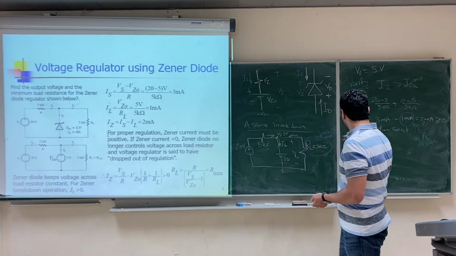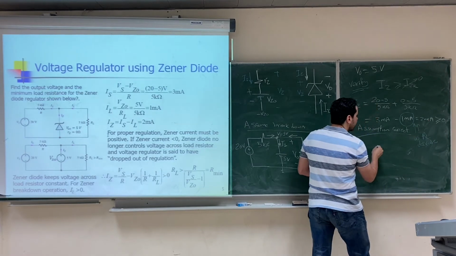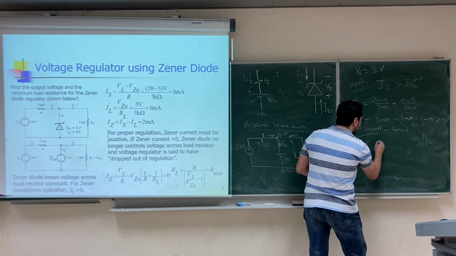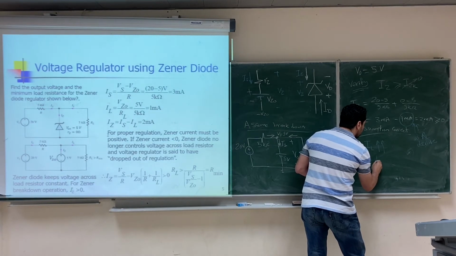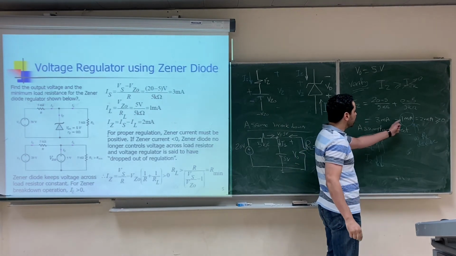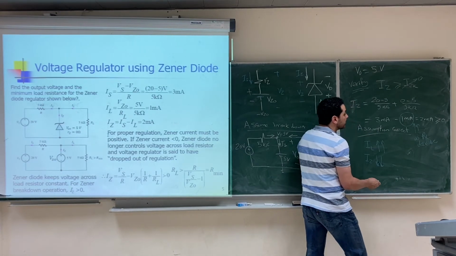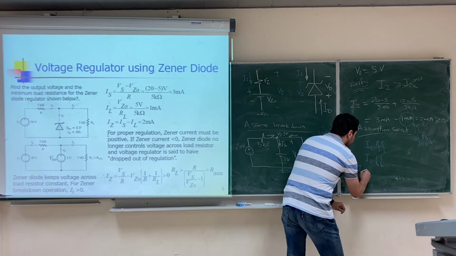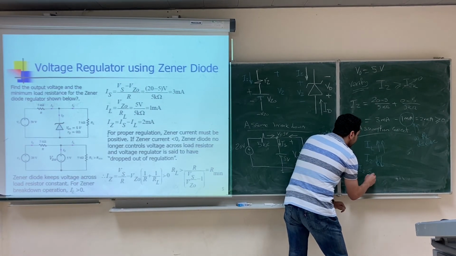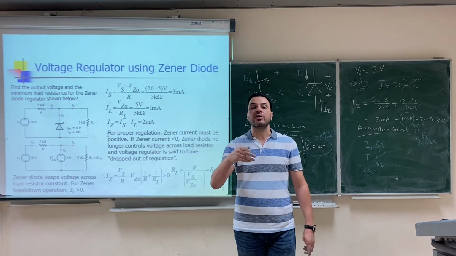And if the current going to the load increases, what happens to the Zener current? So the load current is going to increase. What happens to the Zener current? The Zener current is going to decrease, right? You are subtracting a bigger amount here until the Zener current becomes less than 0. In this case, the Zener diode will go out of the breakdown region.